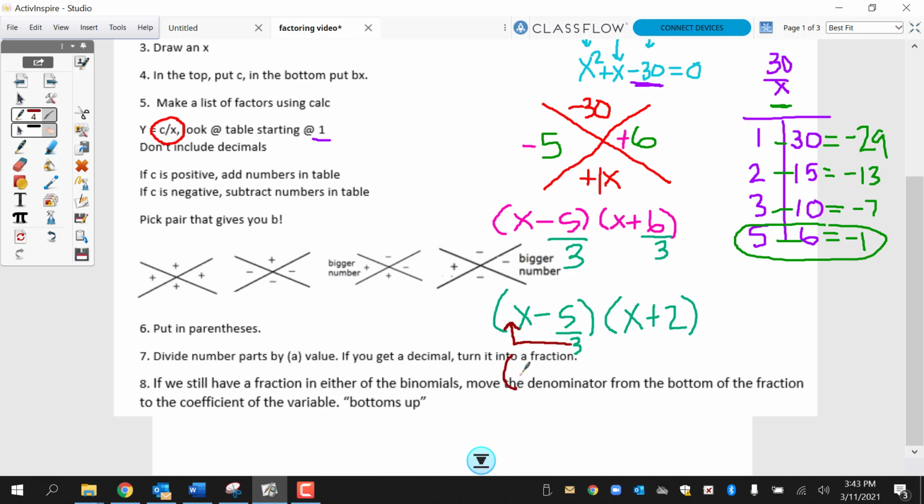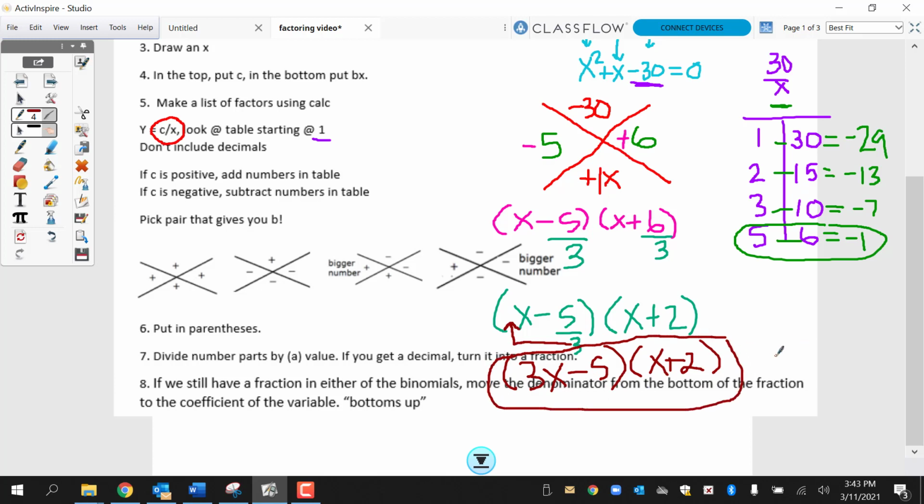So now that's a 3x, and now it's just minus 5. This stays the same. It's just an x plus 2 because that wasn't a fraction, so this does not have to do bottoms up. And this is my final answer, the 3x minus 5 and x plus 2.